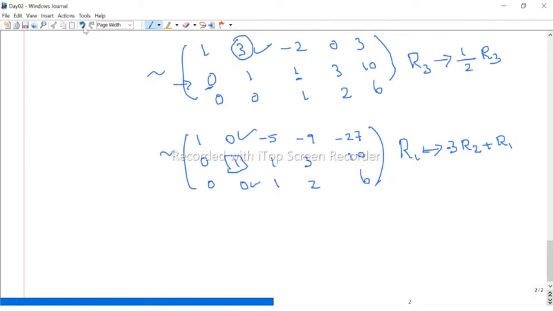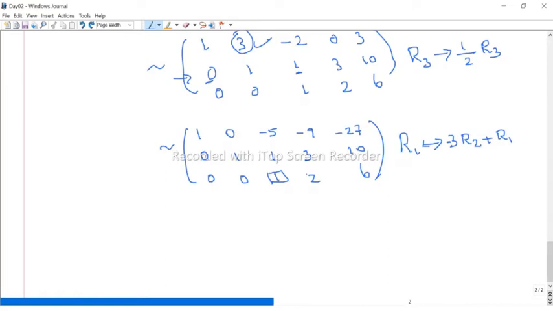Now scan the third row. This is the leading one, but the entries above the leading entry are non-zero. Therefore, we have to make those two positions 0. What operation do we have to do?